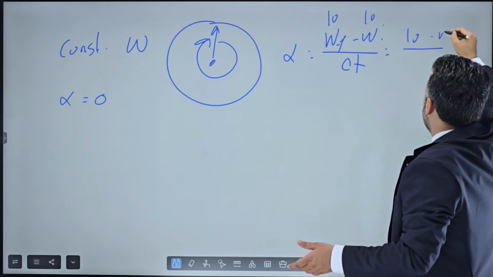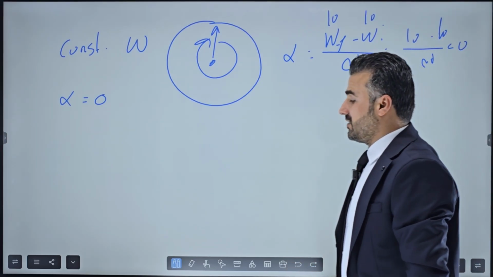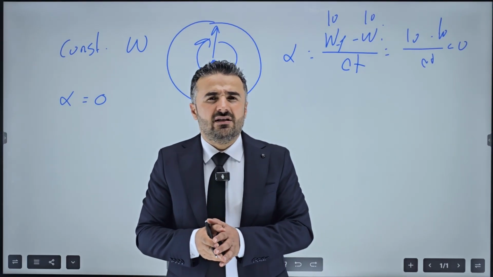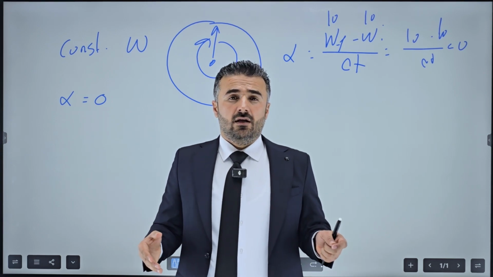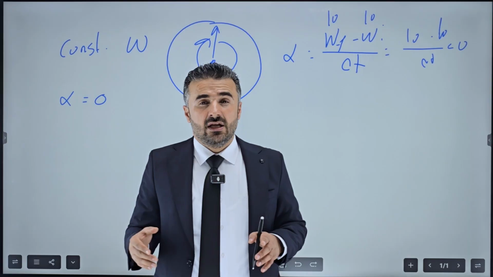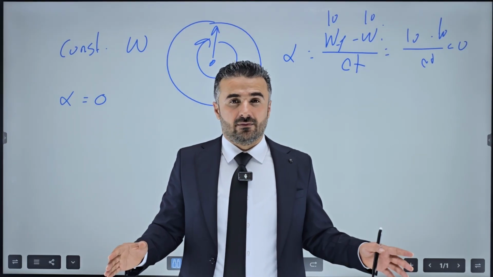Isn't that 0? So 0 divided by whatever the time is, we will always get 0. This is consistent with the definition, because we said angular acceleration is the time rate of change of angular speed. If there's no change in angular speed, there is no angular acceleration.